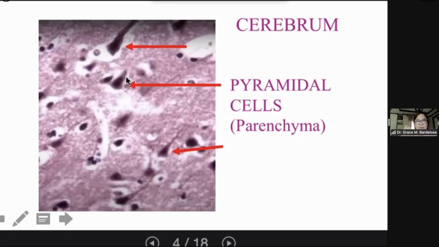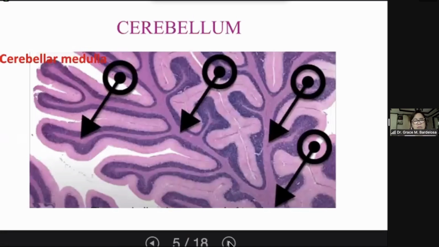So these are the Betz cells and these are the parenchymal cells of the cerebrum. That's the only thing you have to know about the cerebrum histologically.